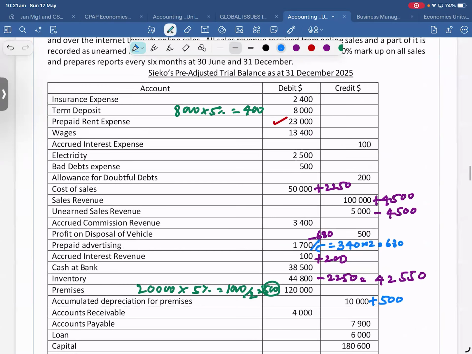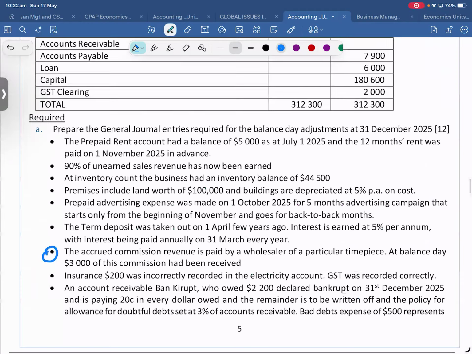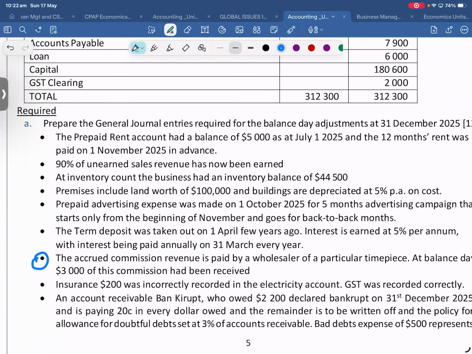What we come across in the trial balance, yes, they are recorded. That means are we going to run any double entry for these ones? Nope. In contrast, if you come across something in the additional information, have they been recorded in the double entry? No, not yet. Correct, not yet.